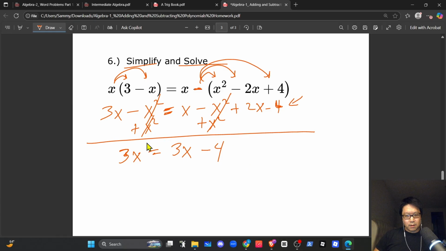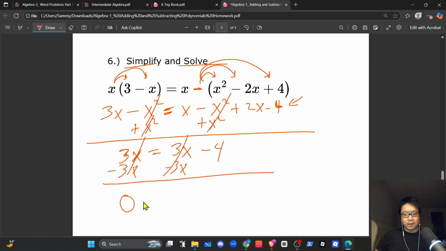Okay, and then we want our x variable on the left side, so I'm going to go ahead and subtract 3x from both sides. And when we do that, we get 0 on the left side and then negative 4 on the right side. And we know that 0 does not equal negative 4. Therefore, this is what's called a contradiction.